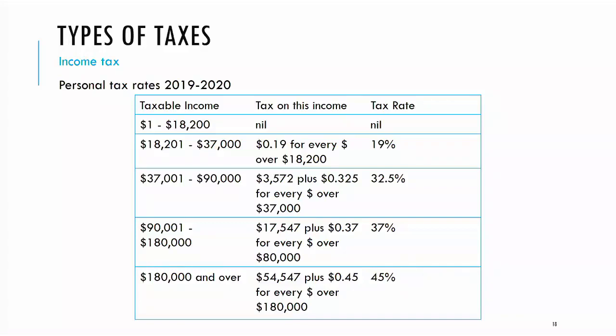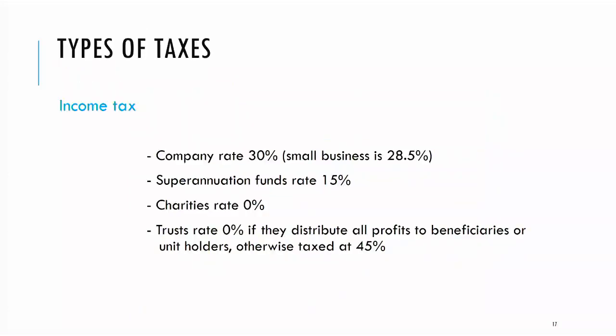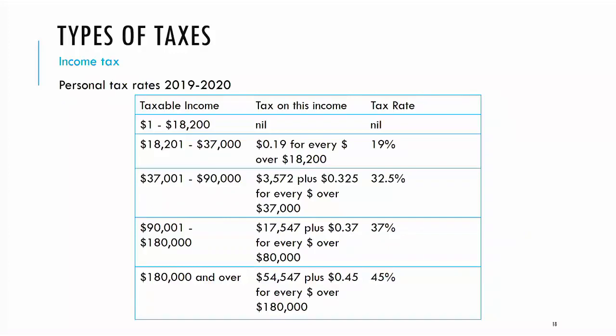Sorry for the question. For the super fund rate of 15%, it means I need my super to do investment, then I get profit and pay 15%. Or the superannuation I get from my company, I need to pay 15%?